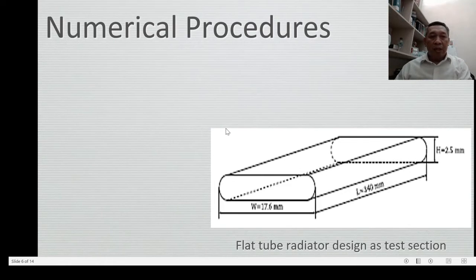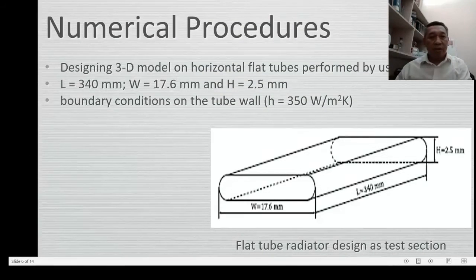This is our numerical procedure. Firstly, we design a three-dimensional model of a horizontal flat tube using ANSYS.